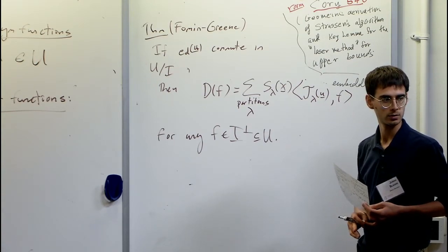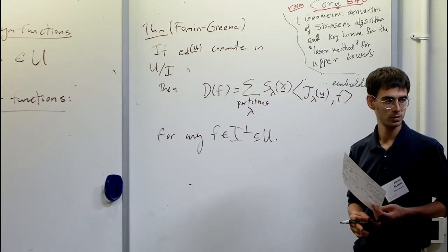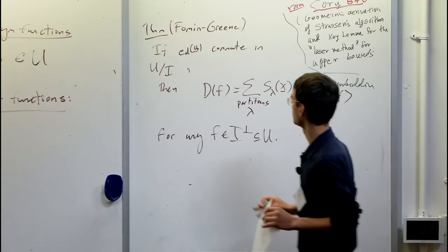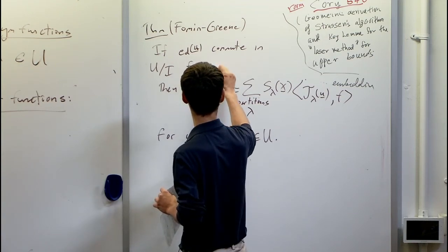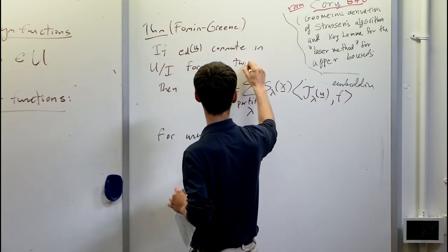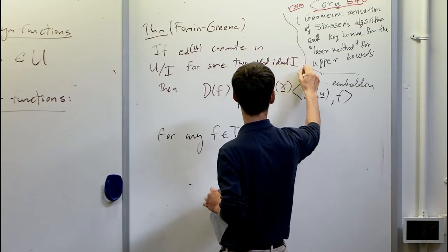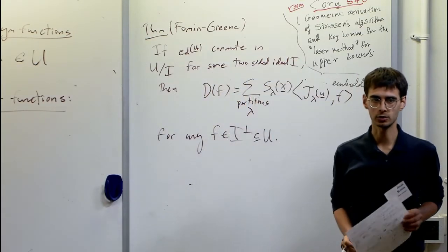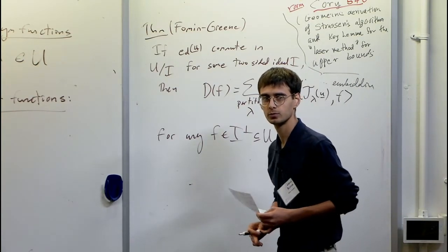So I is the ideal such that E_D will commute modulo I. So I is some ideal generated by commutators of the functions E_D. No, it's any, sorry, for some two-sided ideal I. But there is a minimal ideal you can construct just from all the commutators. That's right. Why are we keeping I mysterious?